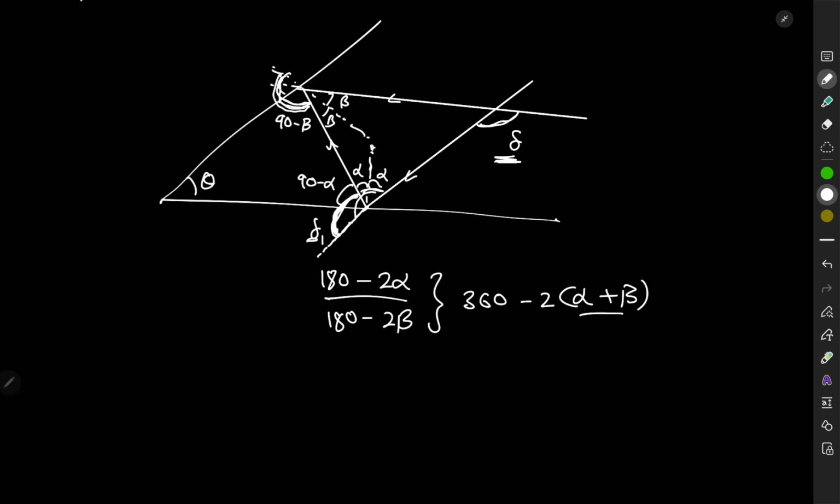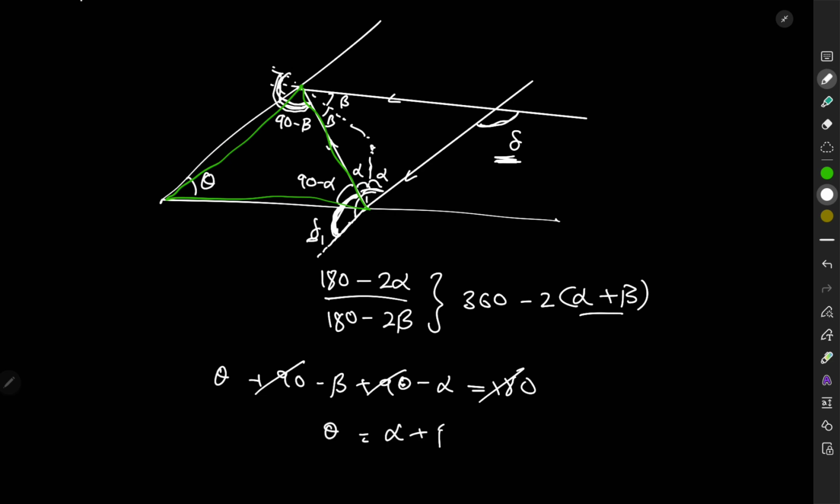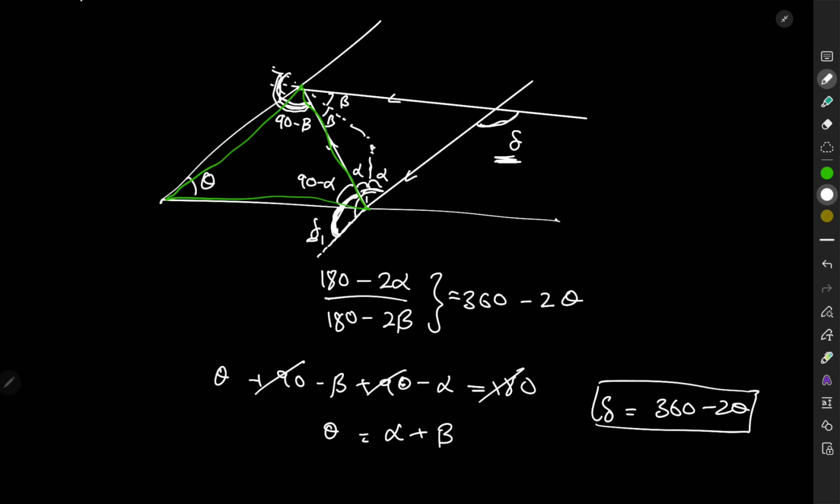Now we need to find alpha plus beta. Let's see, in this triangle I'm going to add the angles. Theta plus 90 minus beta plus 90 minus alpha is equal to 180 degrees. This will get cancelled, and I get theta is equal to alpha plus beta. And for two plane mirrors, the deviation will be equal to 360 minus 2 theta. This will be the formula. Fine.